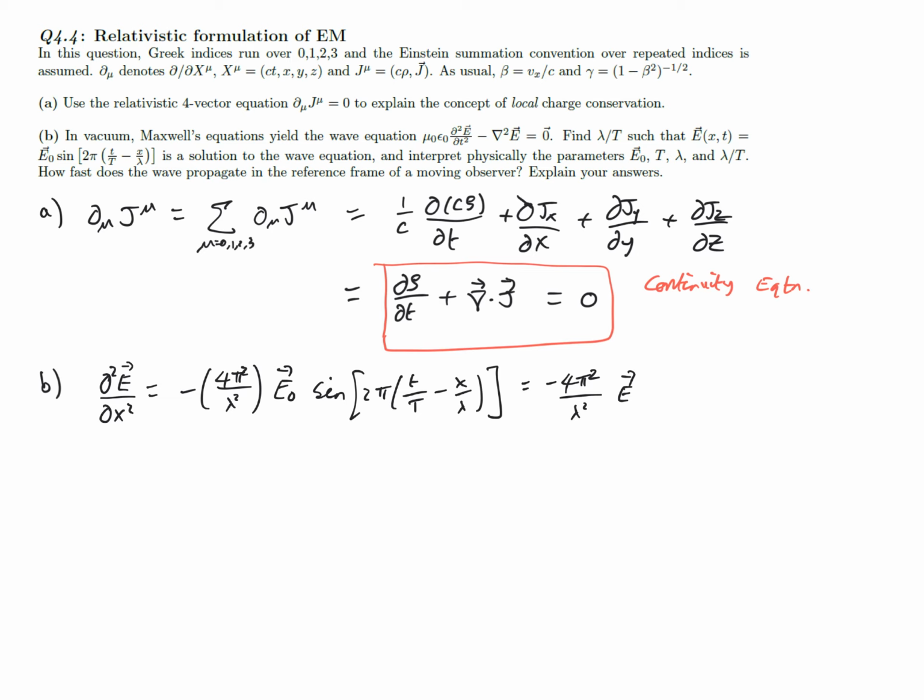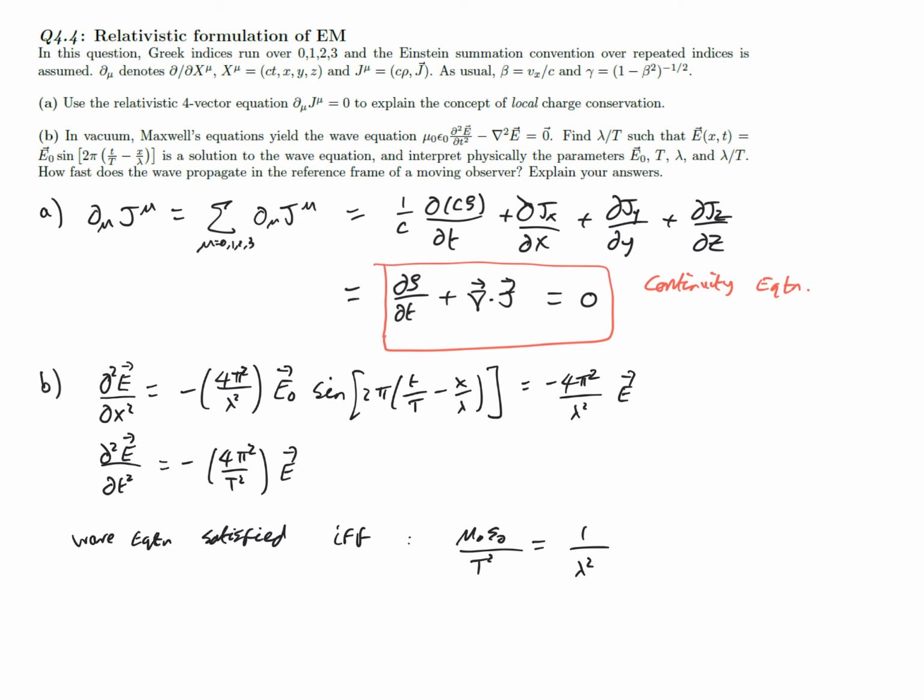Very good. What about the second time derivative, which we also need? This is minus, by exactly analogous logic, minus 4 pi squared over big T squared times the original electric field. And we can see that the wave equation is satisfied if and only if mu naught epsilon naught over T squared is equal to 1 over lambda squared.